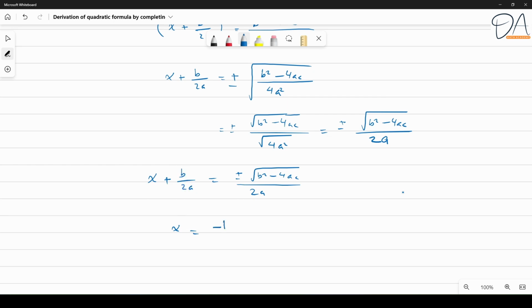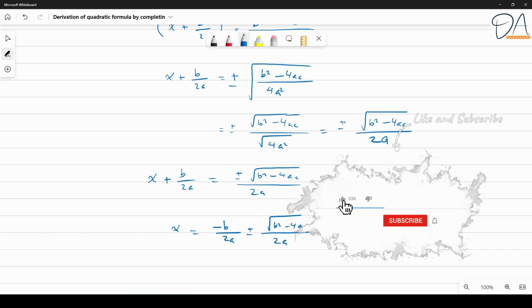So we get minus b divided by 2a plus minus the square root of b squared minus 4ac divided by 2a. Or, because you can see here 2a is common for both, then you get minus b plus minus the square root of b squared minus 4ac, all over 2a. And this is the quadratic formula. So this completes the first part, which is the proof of the quadratic formula.